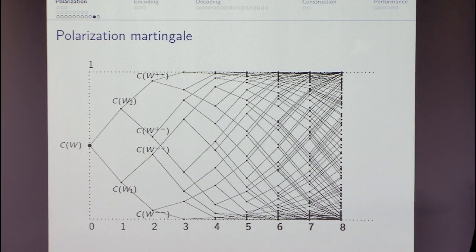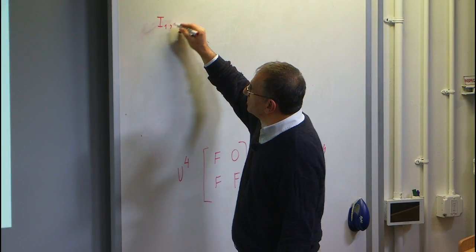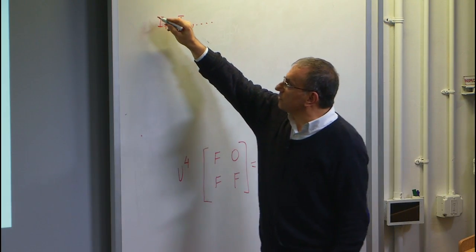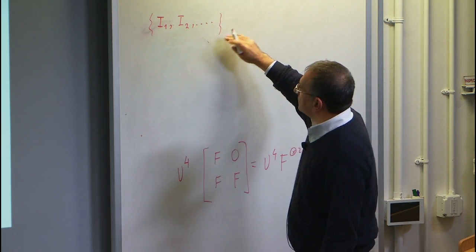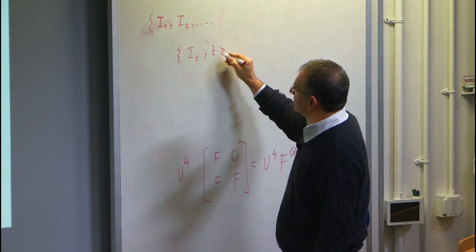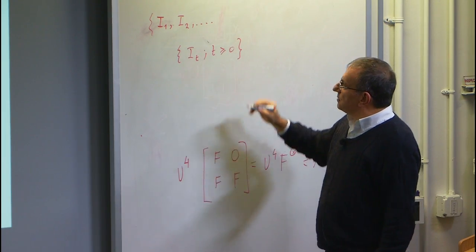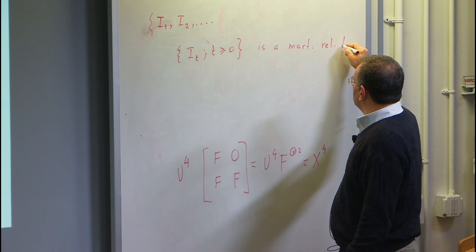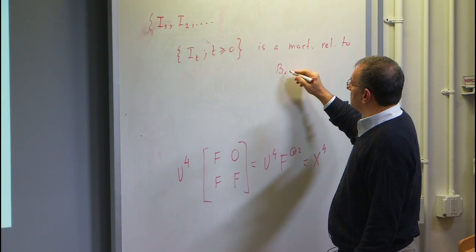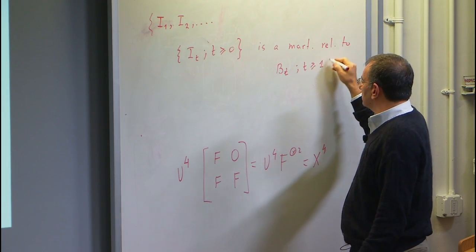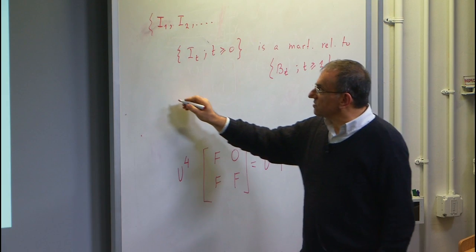So we want to talk about a real valued process. Okay, so we will use this notation, I1, I2, etc., or more concisely, I_t, t greater than or equal to 0. This is a martingale relative to the same process that we have written, B_t, t greater than or equal to 1 here.